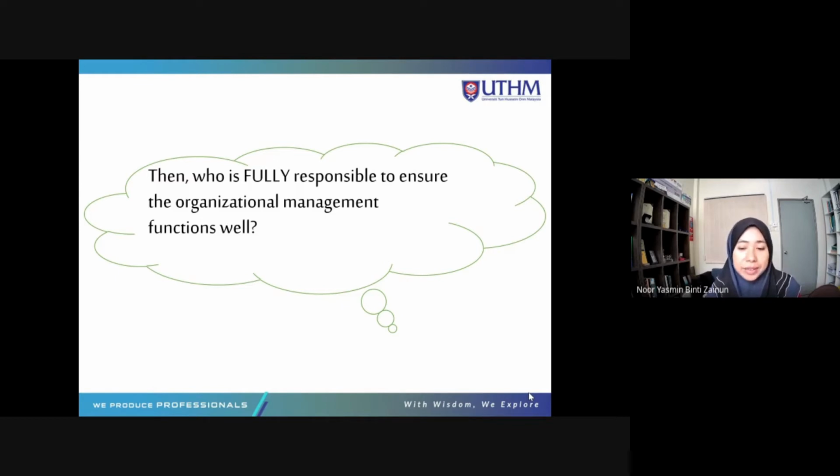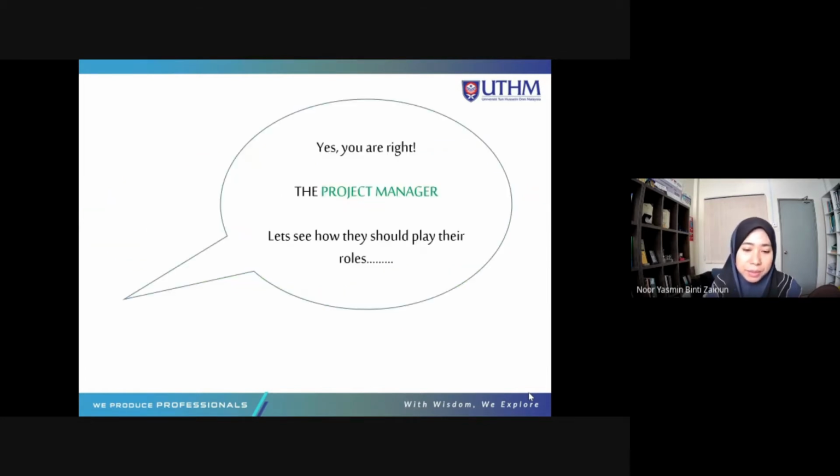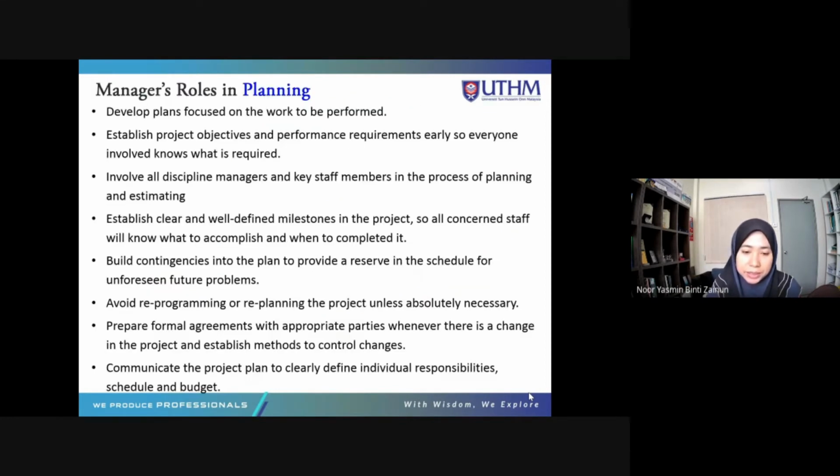Who is fully responsible to ensure the organization management functions well? Who is responsible? Of course, the answer is the project manager. So what are the project manager's roles in planning?